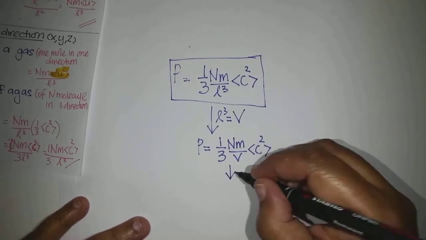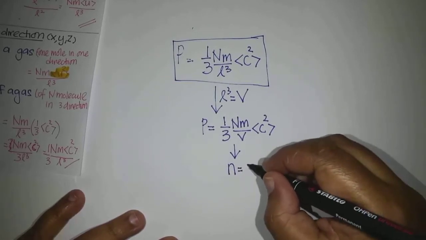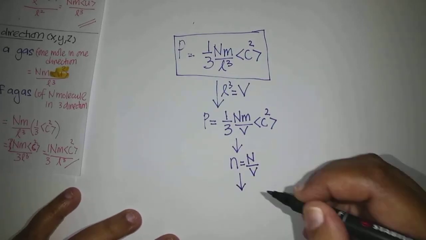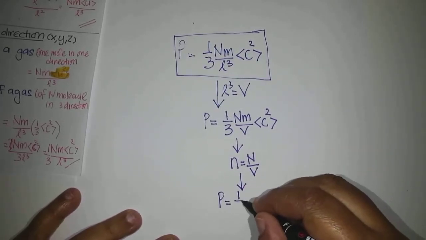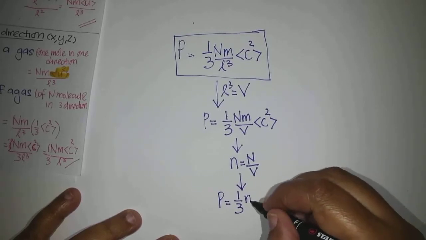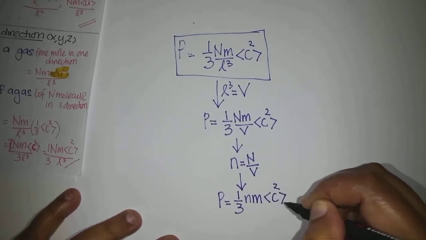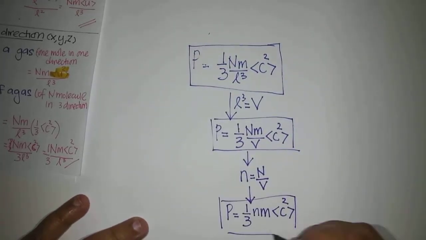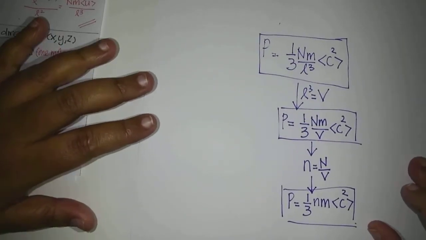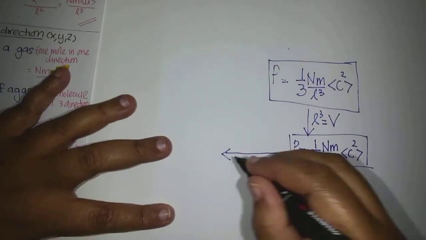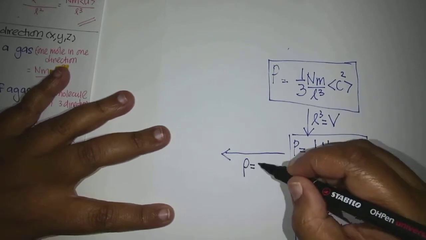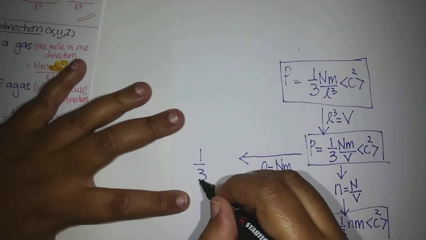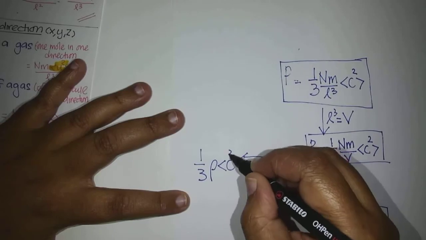If small n is equal to the number of molecules per unit volume, then the formula changes to pressure of a gas equals 1/3 n m mean square speed. So we have 1, we have 2, and 3: if density is N m over V, then the formula will be 1/3 rho mean square speed.